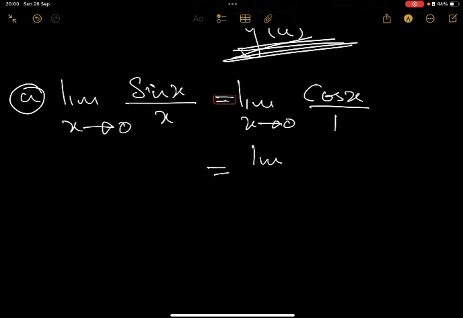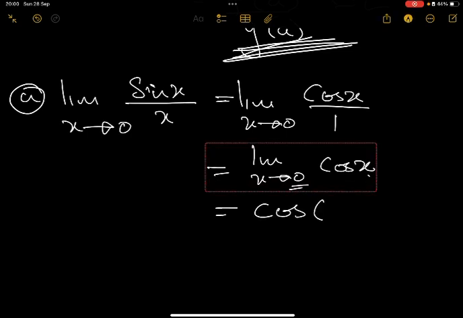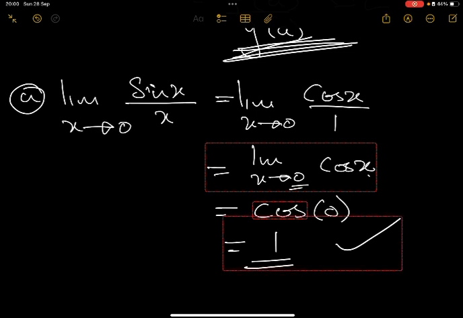Then we are left with the limit as x approaches 0 of cos x. Then we substitute this 0 for x and you get cos of 0, which gives us 1. So 1 is our limit. The limit of the function sine x over x as x approaches 0 is equal to 1.